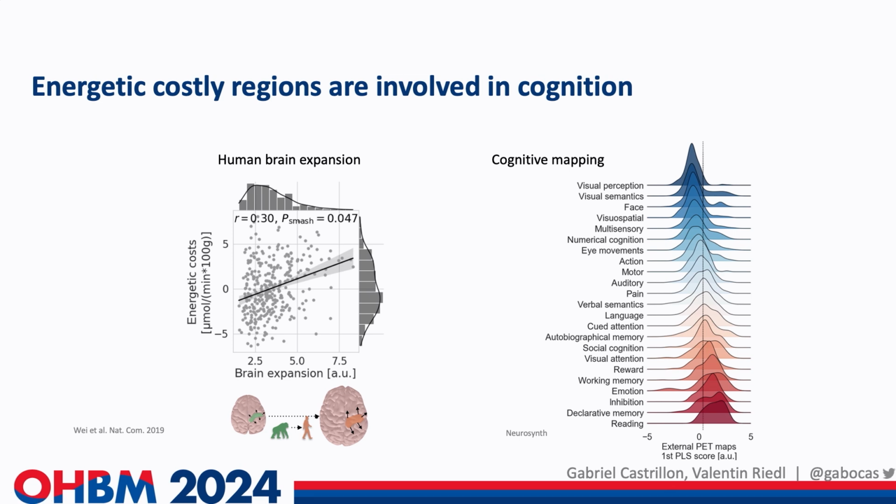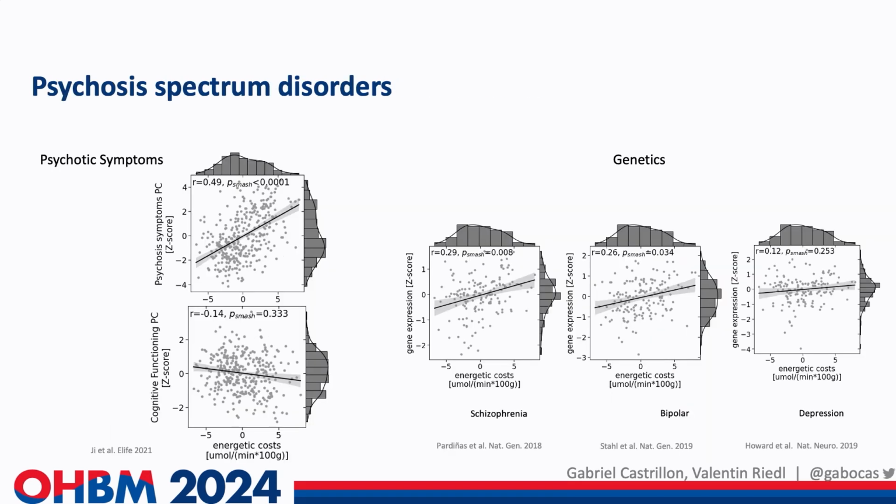Now, as these functions are also known to be altered in psychiatric disorders, they evaluated whether their signaling cost map might be relevant for such disorders. To this end, they correlated the signaling cost map with distinct symptom axes. These were derived from a study by G and colleagues.